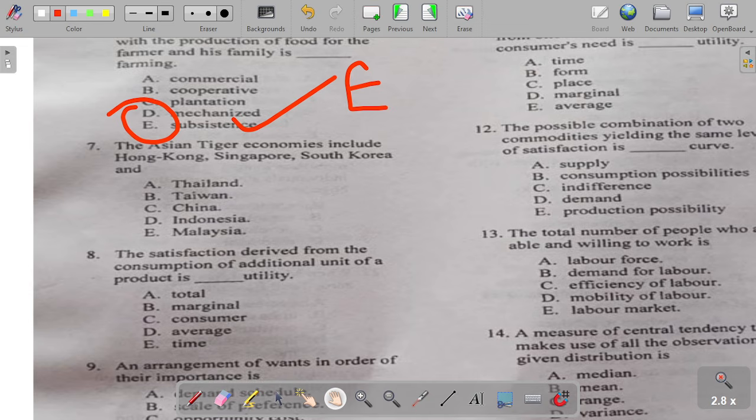That is commercial. So the Asian Tigers include Hong Kong, Singapore, South Korea, and Taiwan. Number 7, Asian Tiger, China, no, the answer is Taiwan. It's Taiwan, B.